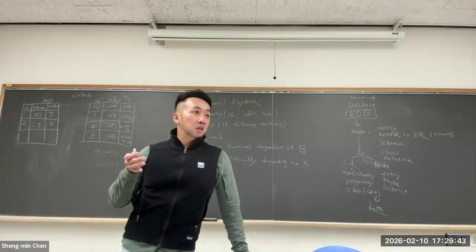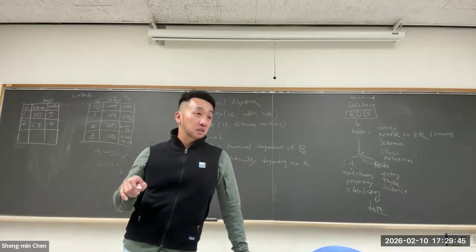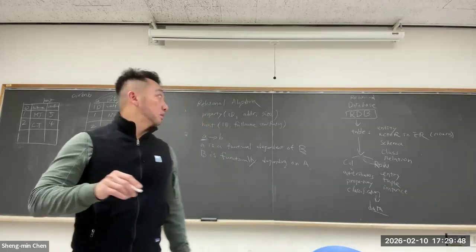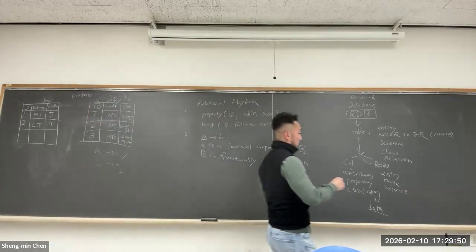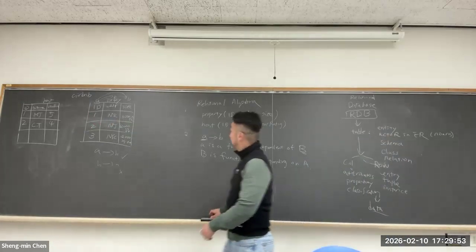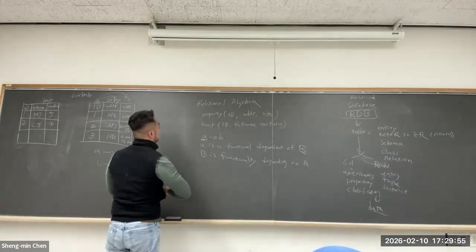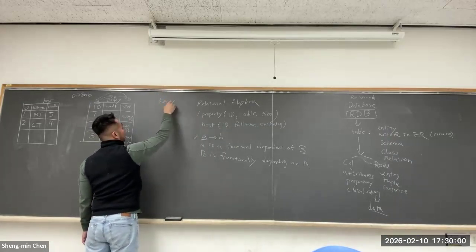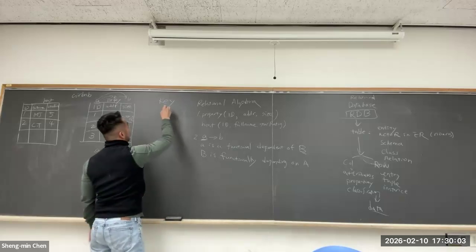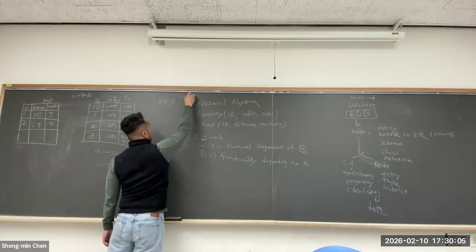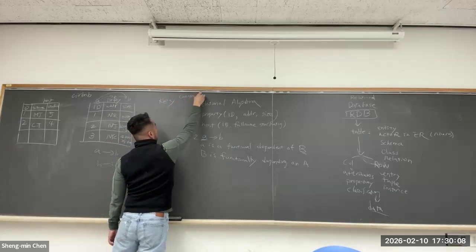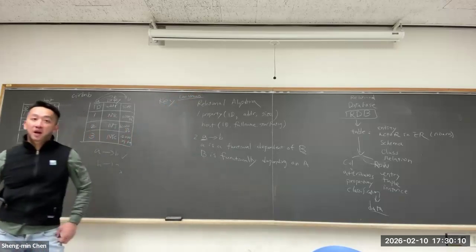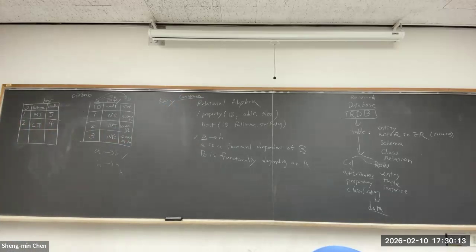So there is a terminology called constraint. There are certain constraints you need to follow if you want to make a column a key.